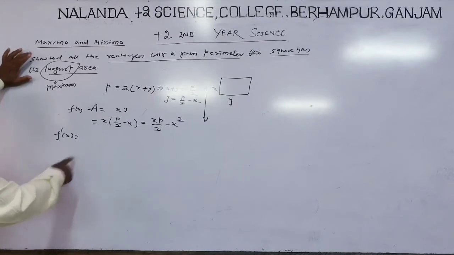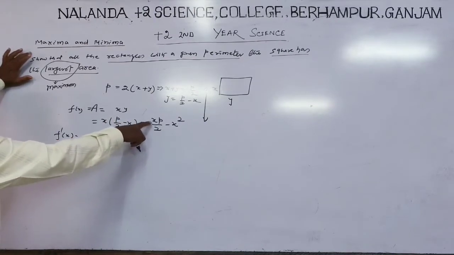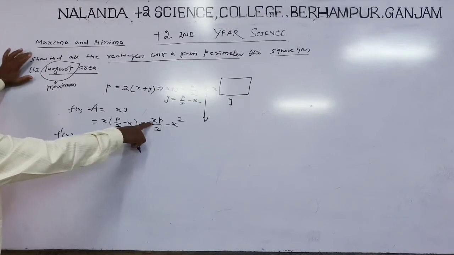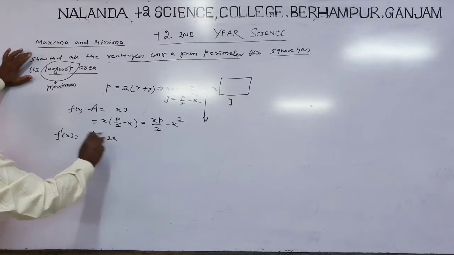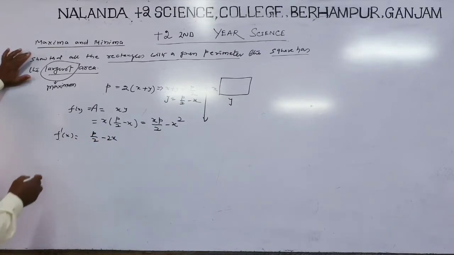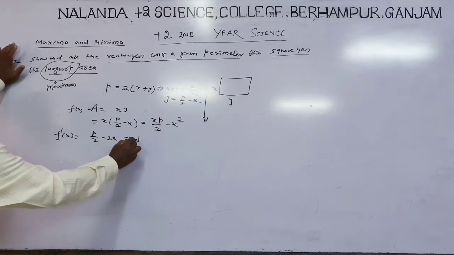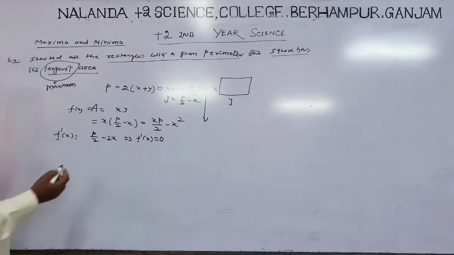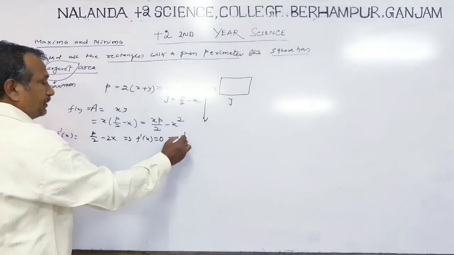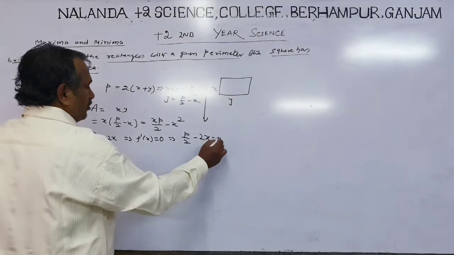f dash x equal to derivative of x with respect to x, means here 1 into P by 2, minus 2x, derivative of x square. Okay. Next, when f dash x equal to 0, same logic, find out x. So P by 2 minus 2x equal to 0.